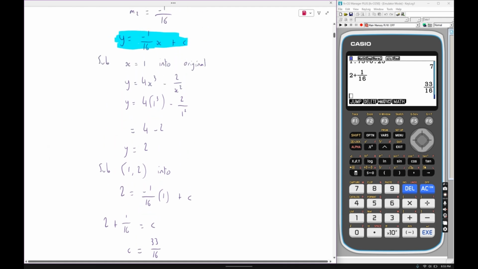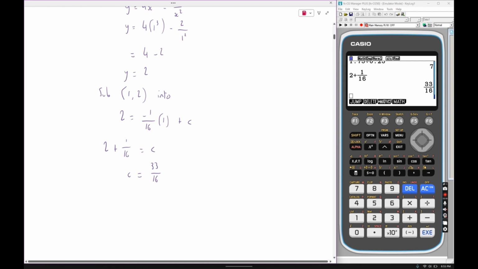So back to my highlighted equation. Now we have figured out what that c value is. So I'm going to summarize everything. We've got y equals -1 over 16 x plus 33 over 16. That is the normal equation.